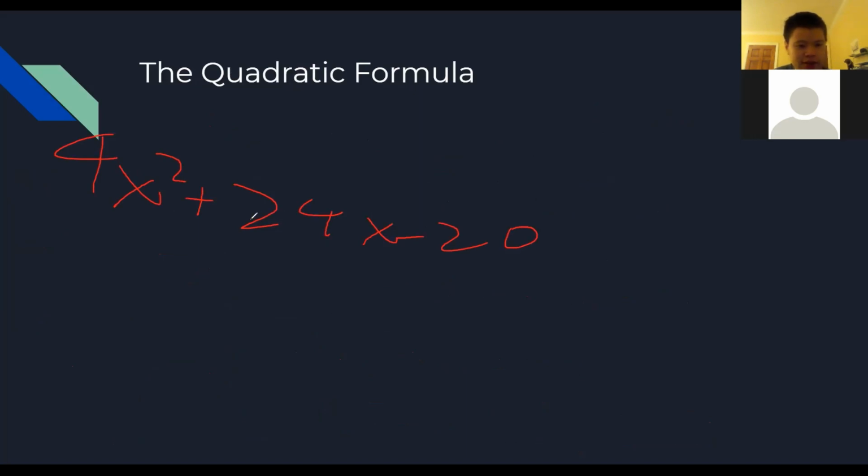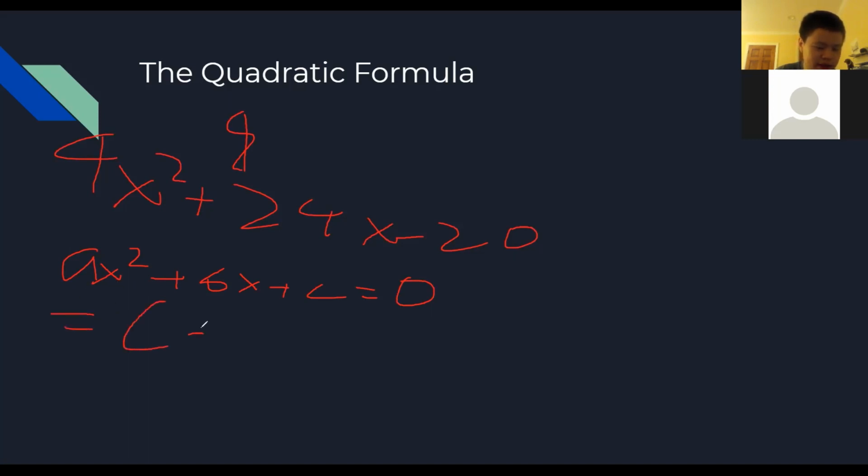So I'll derive this formula, actually the quadratic formula. So ax squared plus bx plus c equals 0. We want to find two roots. So first I can complete the square on this with plain variables.